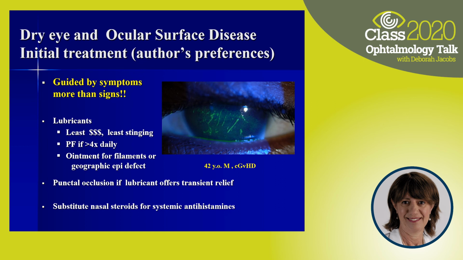If they find they're using it more than 4 times daily, then I advise that they should go to preservative-free formulations. If there are filaments or geographic epidefects, then I strongly recommend ointment, which can be used at bedtime at least, and more often during the day if they don't mind blur or to heal a geographic epidefect.